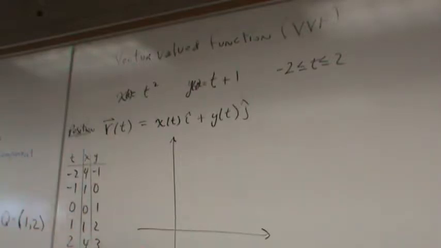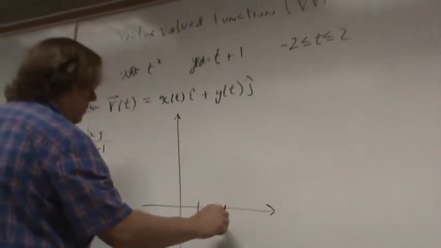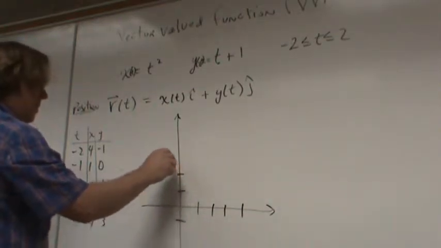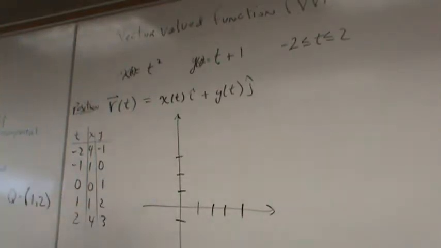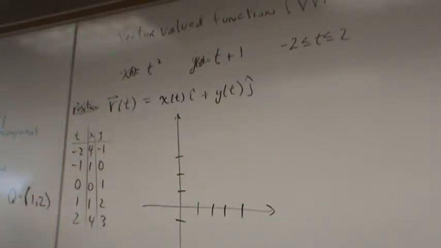Okay, so now I can graph this. What you're supposed to picture is a collection of vectors whose terminal points are given by these points.